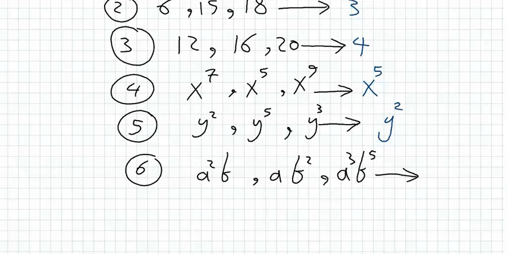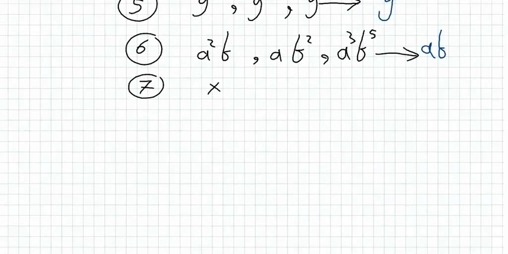So a squared, a to the power 1, a cubed, we will choose a to the power 1. b to the power 1, b squared, b to the power 5, we will choose b to the power 1. So the greatest common factor here for these three terms is ab.